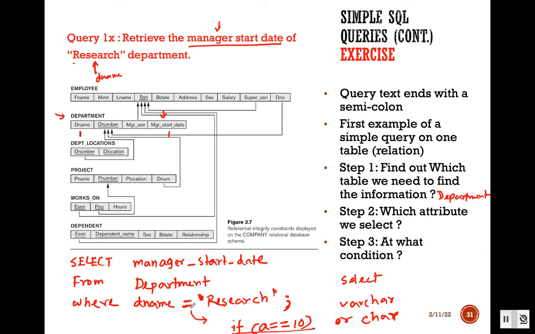In SQL we do not do any assignment, because there is another keyword, set, to do that. So only one equal to symbol is used for the conditional statement. This checks whether dname equals to research. If this is true, then for that record it will select the manager start date.